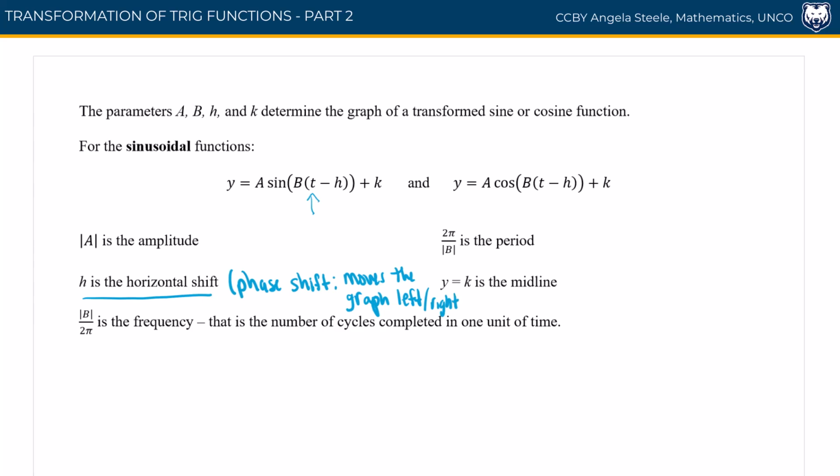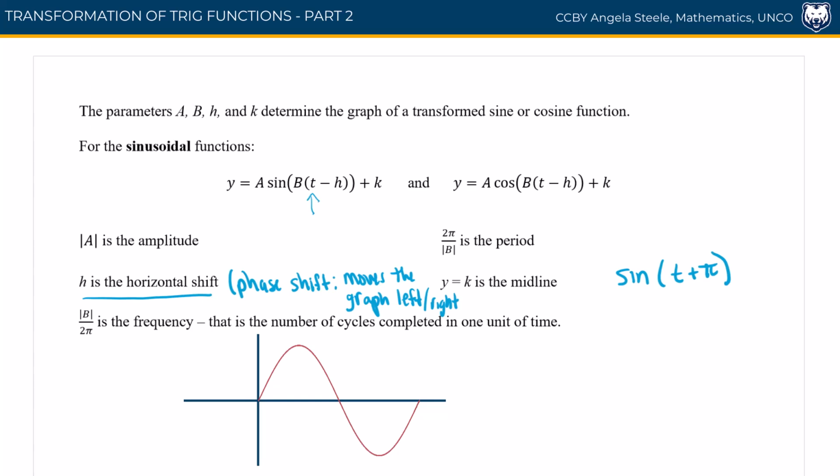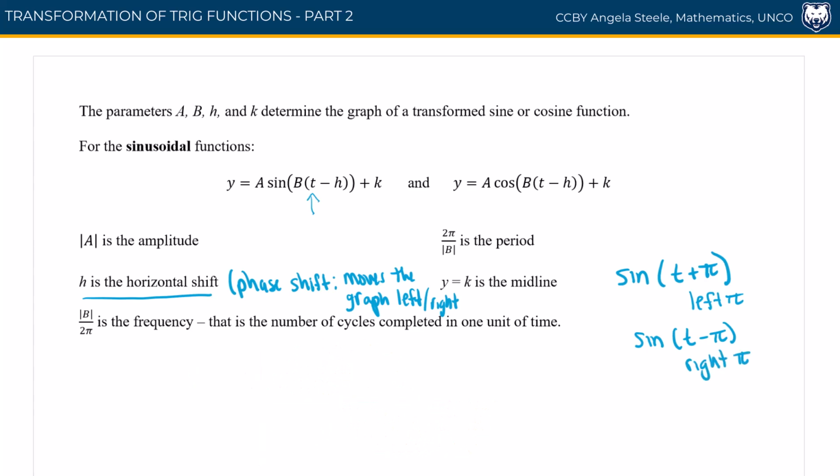And it's always going to be the opposite of your intuition. So for example, if we have sine of t plus pi, that means it's going to shift left pi. And if we have sine of t minus pi, that means it's going to shift to the right pi. So that's what the h does.